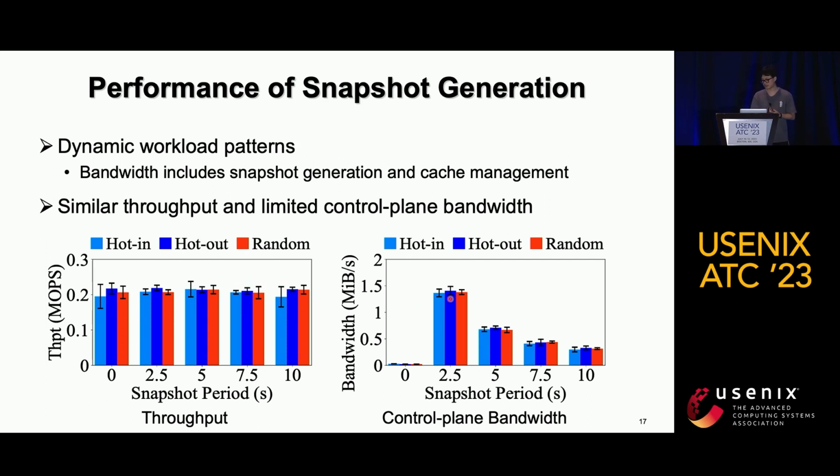Here the result also shows that FarReach keeps relatively limited control plane bandwidth usage. For example, under a small snapshot period of 2.5 seconds, the control plane bandwidth is around 1.4 megabytes per second, which is far smaller than the capacity of a network interface.